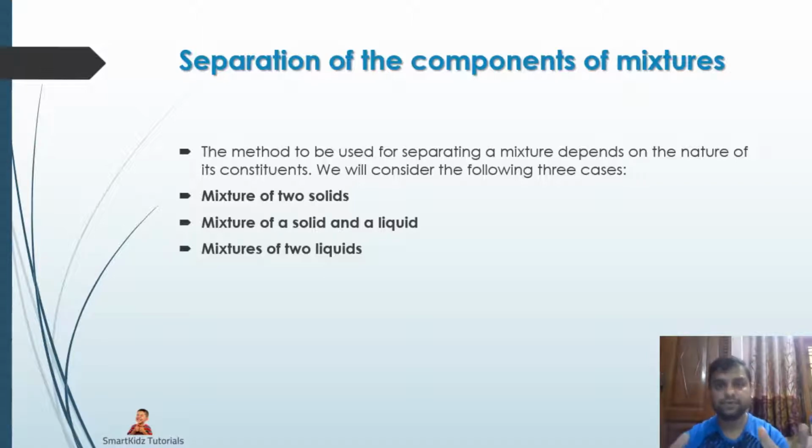So in this video, we will only be covering mixture of two solids and mixture of a solid and a liquid. And watch the next video, which will be coming after this, to learn how to separate mixtures containing two or more liquids.